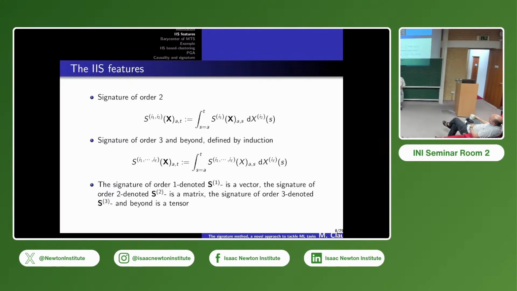It is exactly the same idea. As soon as you have in mind that the signature is made of integrals, you catch everything. And the point is that it is asymmetric, and we are going to explore and think about this, because it is an interesting feature of the signature method.